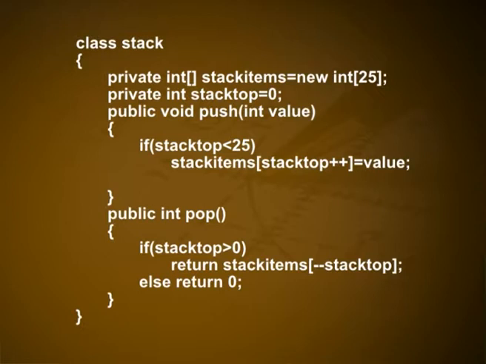Public int pop: if stack top greater than 0, return stack items of minus minus stack top, else return 0. Objects of stack can be created using this class as a template, and values can be pushed in or popped out from the stack with the help of the procedures specified within the class.